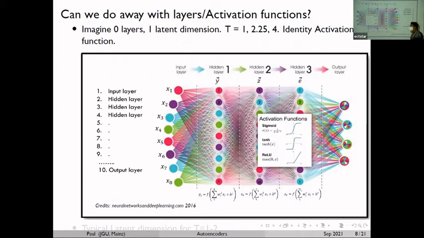Does that make any sense? Yeah, I guess you have more weights. You're just saying the network is larger when the volume is larger. Yeah.